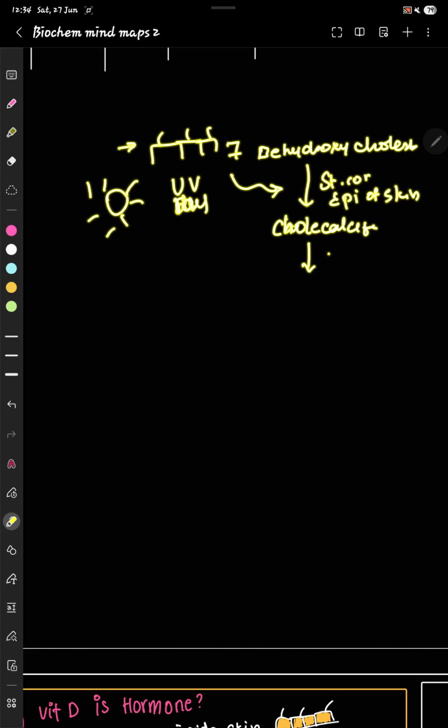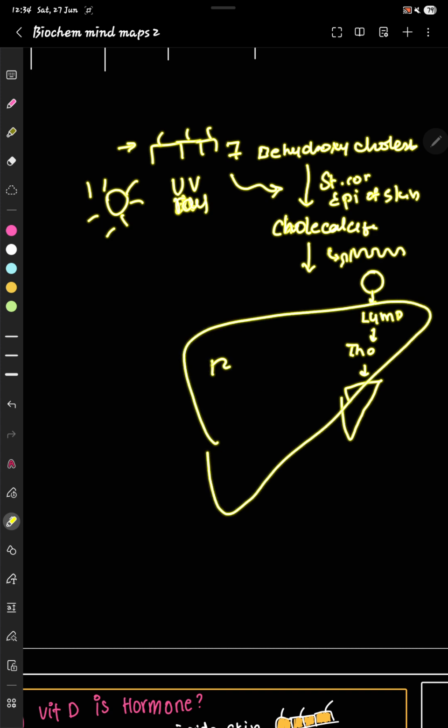This cholecalciferol is absorbed by the intestinal cells and made into chylomicrons, which went into the lymphatics, then to the thoracic duct, then to the liver. In the liver, with the help of the enzyme 25-hydroxylase, it is converted into 25-hydroxy cholecalciferol. This is the storage form.